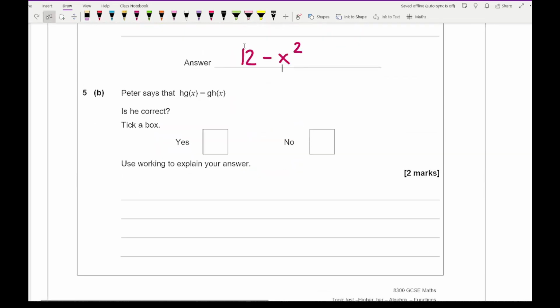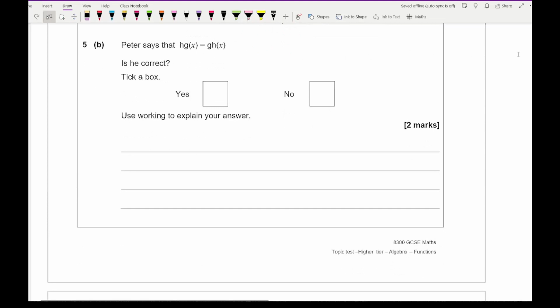For question 5b, it says Peter says that hg of x is equal to gh of x. Is he correct? So first of all, let's work out each of those two things. So hg of x, I've worked out in part A, which was 12 minus x squared.